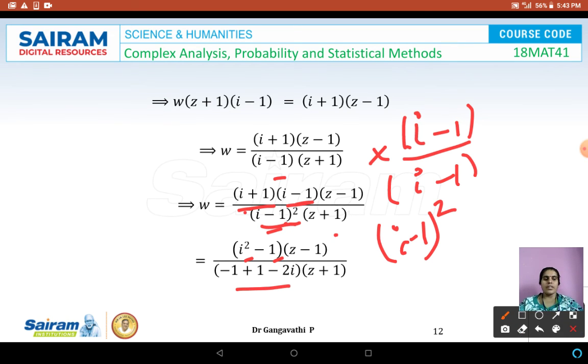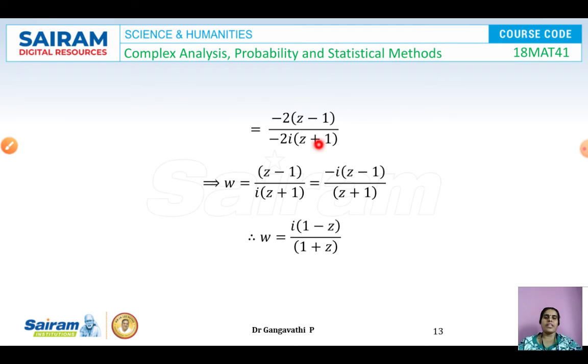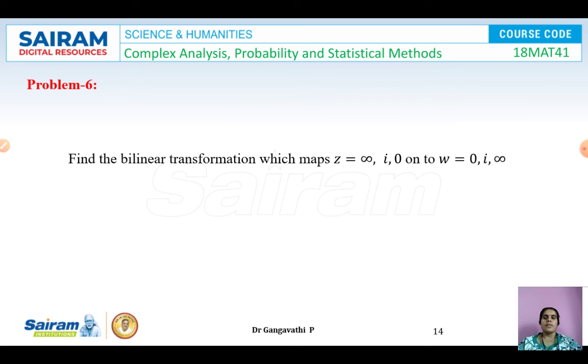So proceeding further, this extra term multiplying and dividing is only for the purpose of simplification. 2 and 2 can be cancelled, z minus 1 by z plus 1 we have, and minus and minus also get cancelled. So this 1 by i can be taken to the numerator, it becomes minus i, and w is equal to, take out minus again and make it a positive 1, 1 minus z by 1 plus z into i. This is the required bilinear transformation.